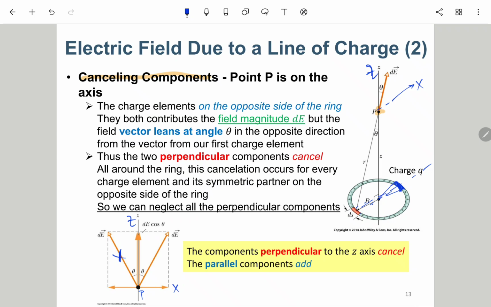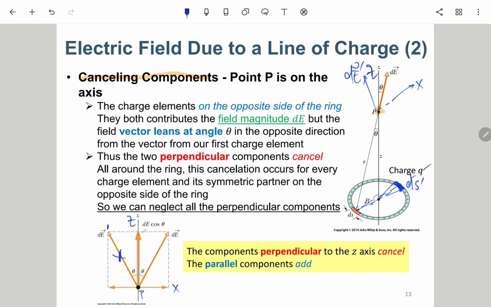Maybe we can call this one ds or ds prime, whatever you like. Or maybe I call it ds prime. So it will generate dE prime like that. Actually this is the dE prime.